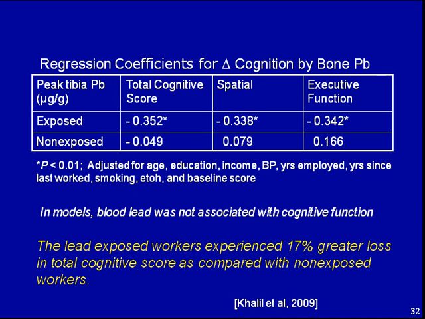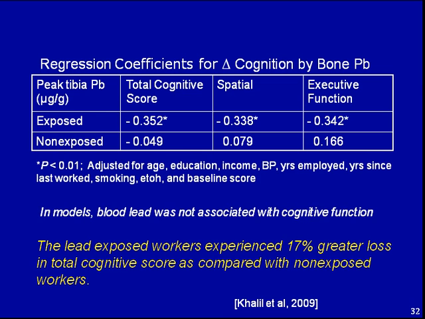What you see here is that the bone lead concentration was a significant predictor of the change in cognitive function of these individuals over time. In individuals who were exposed to lead, their bone lead concentration significantly predicted a worsening of their performance, both on their total cognitive score and also on some subsets of cognitive function, including spatial functioning and executive functioning.